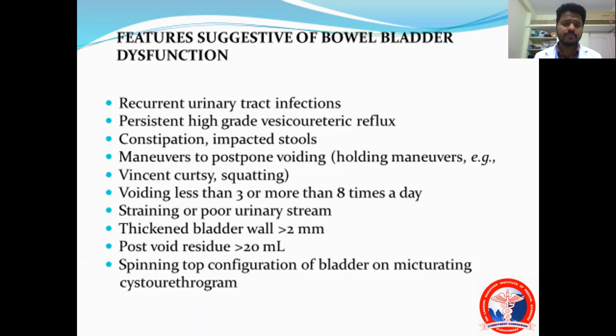Then there can be voiding less than 3 or more than 8 times a day, straining or poor urinary stream, thickened bladder wall more than 2 millimeter, post-void residue more than 20 milliliter, and spinning top configuration of the bladder on micturating cystourethrogram.